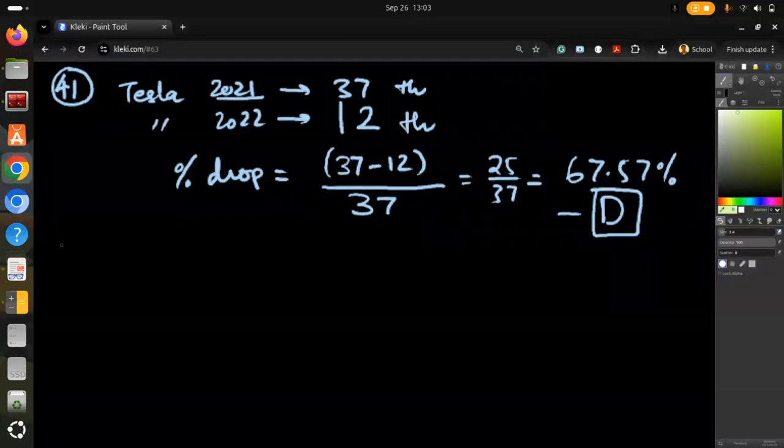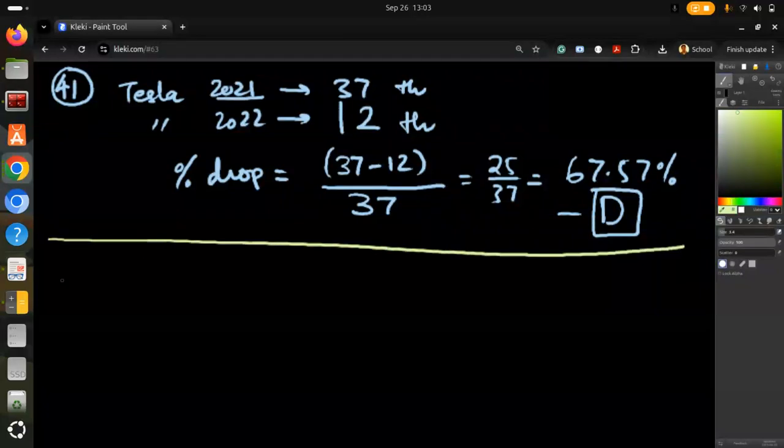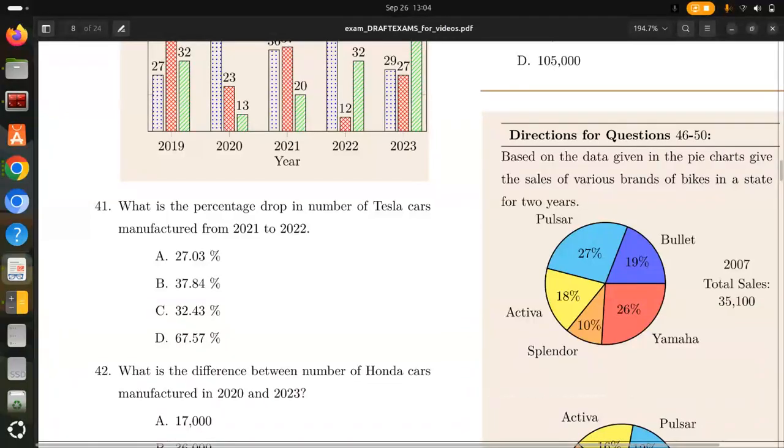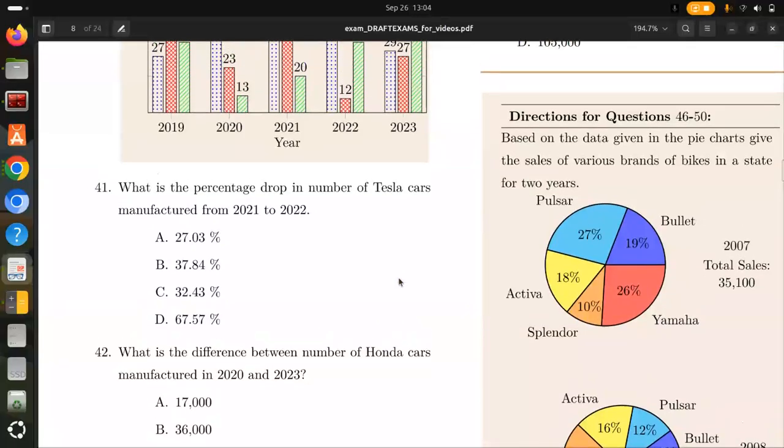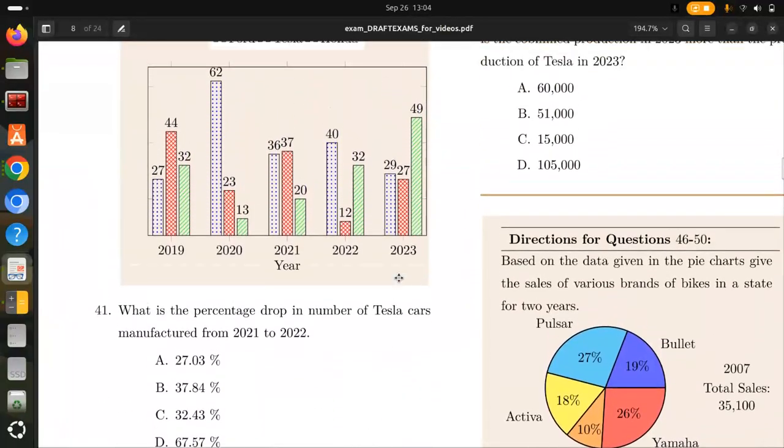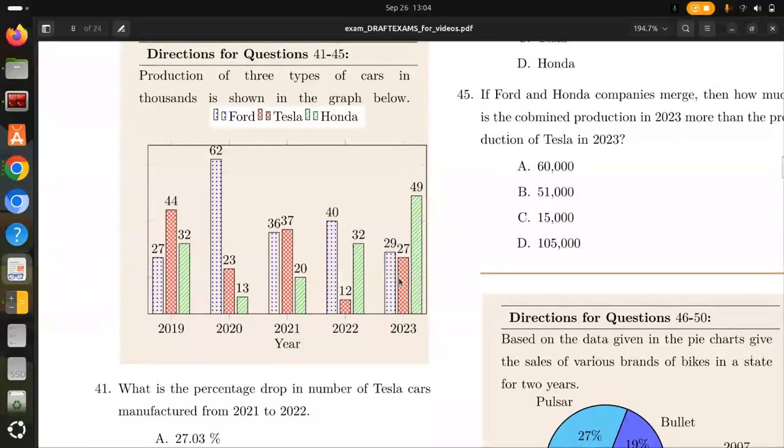Let's now go to the next question, that is the 42nd one. What is the difference between the number of Honda cars manufactured in 2020 and 2023? Again, this looks very simple. Honda cars in 20 and 23. Honda is green color, and in 20 the value is 13, and in 23 the value is 49.